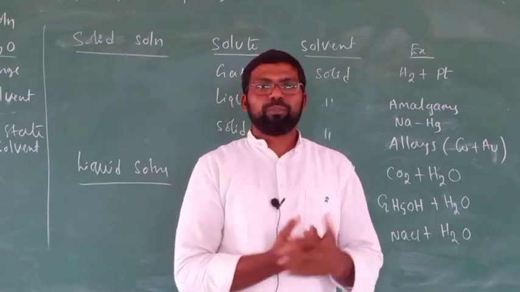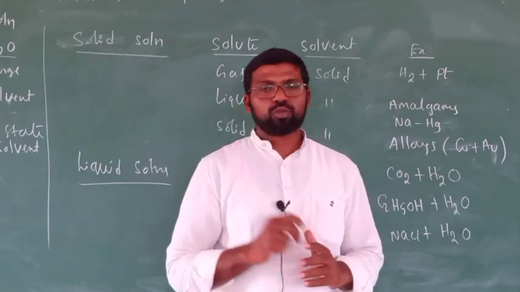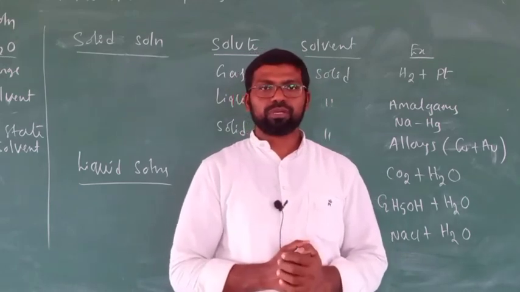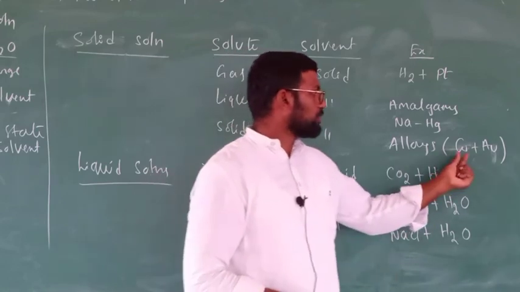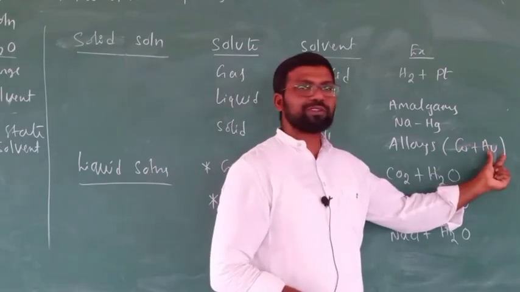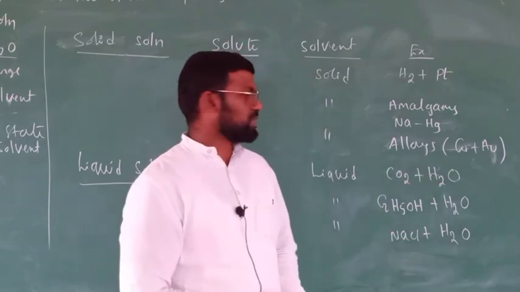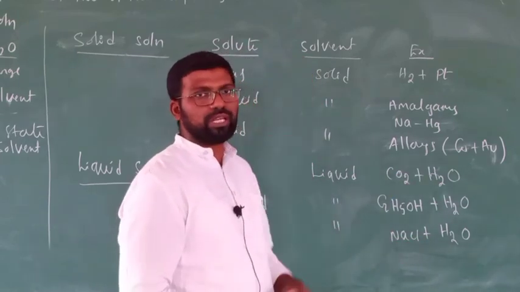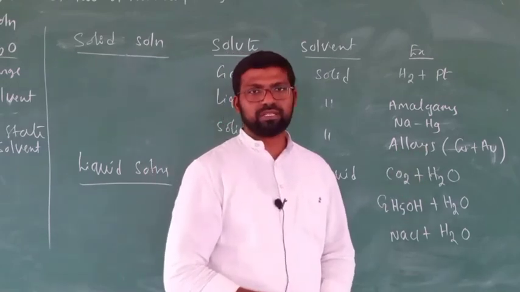We cannot make jewelry with 24 carat gold. It should contain a little amount of copper to improve its properties. So a little amount of copper is added to ornament gold to modify its property. Such types are called solid in solid type solutions, and most of the alloys come under this category.